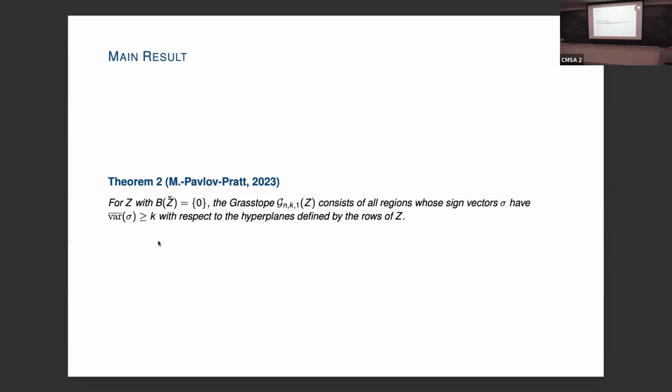The difference is that in the tame case they are exactly the bounded regions. In the general case, we keep this sign flip characterization, but no boundedness anymore.